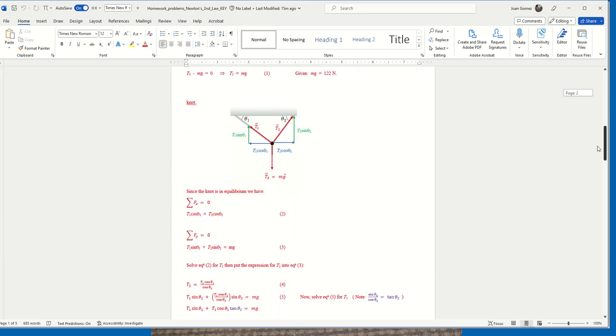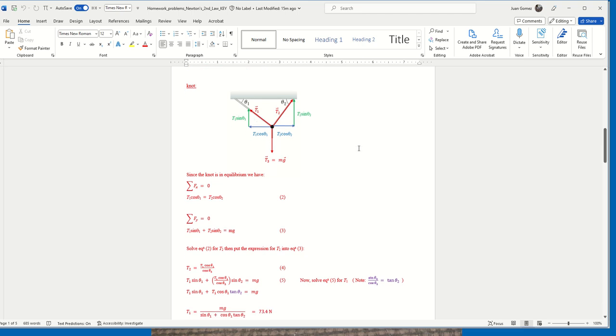Well, the three forces acting on the knot are the tension force T1 in cable 1, the tension force T2 in cable 2, and the tension force T3 in cable 3. Well, we know T3. Now notice both T1 and T2 each have x and y components. Well, the trigonometry is fairly straightforward.